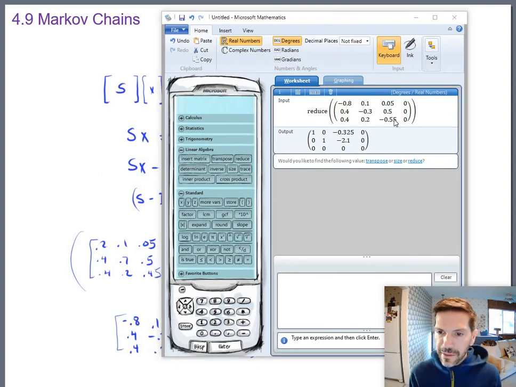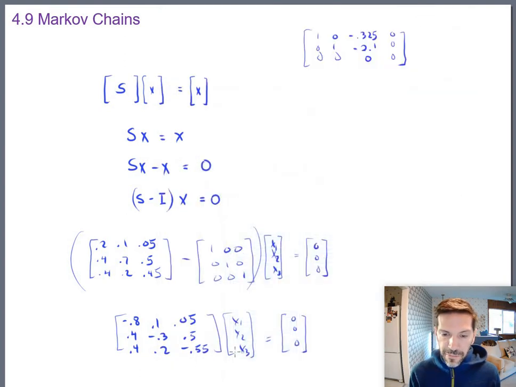So let's see what that can tell us. So there's the reduced version. Keep in mind we are trying to solve for x1, x2, and x3. So let's write it out. x1 minus this times x3 equals 0, but I'll solve for x1.